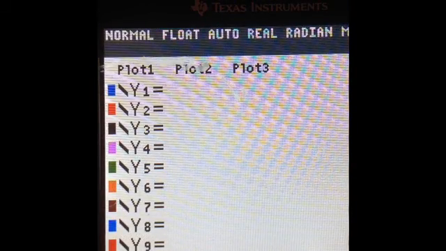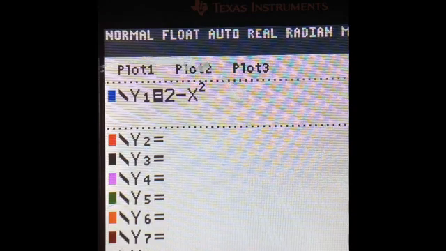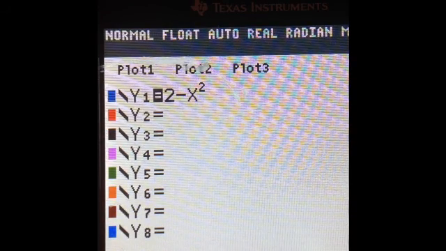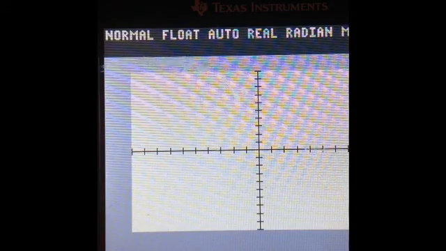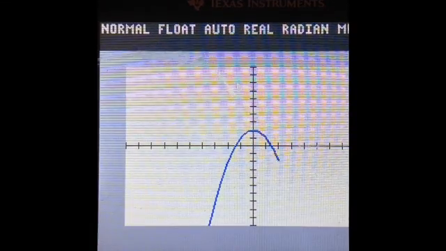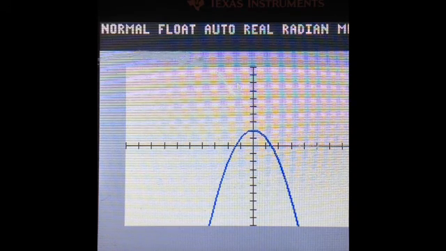We're going to graph our 2 minus x squared, and our x-axis will be y equals 0. And we're going to look at that. Okay, and we're going from 0 to 2.